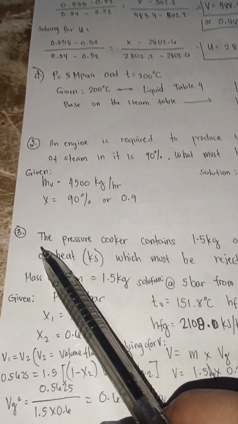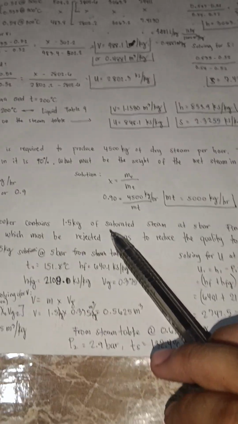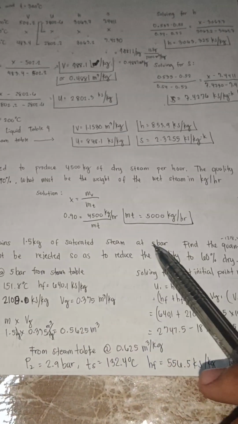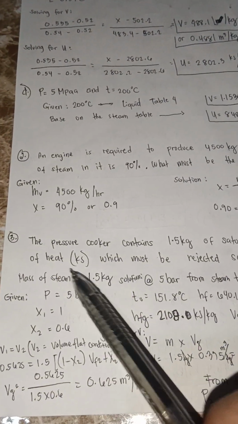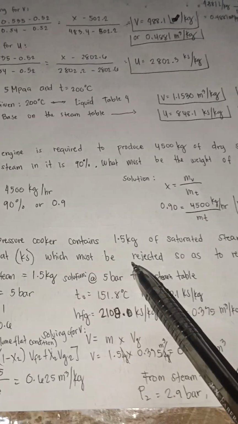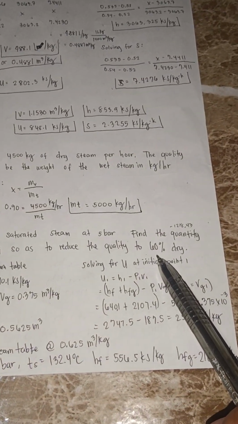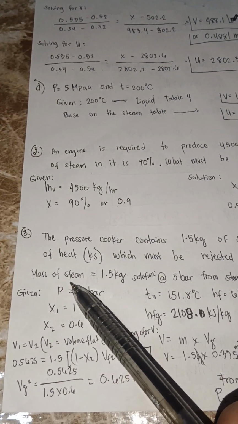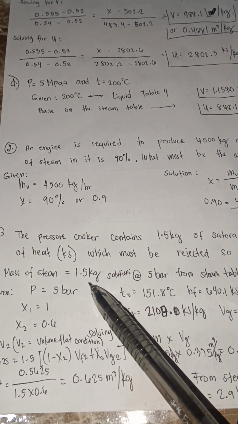So problem number 3, the pressure cooker contains 1.5 kilogram of the saturated steam at 5 bar. Find the quantity of heat in kilojoules which must be rejected so as to reduce the quality to 60%. Dry mass of steam is equal to 1.5 kilogram.